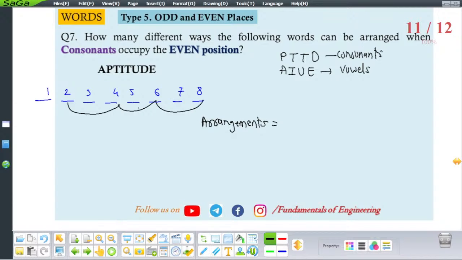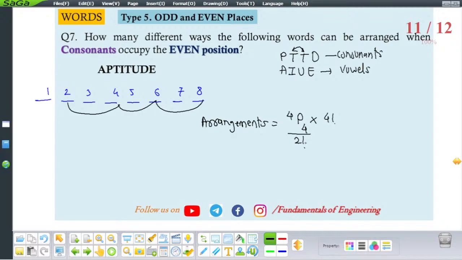So 4P4 for the 4 consonants, into the remaining vowels. How many vowels are there? 1, 2, 3, 4, 4 factorial. But here check that T is repeated twice, so we have to divide by 2 factorial.